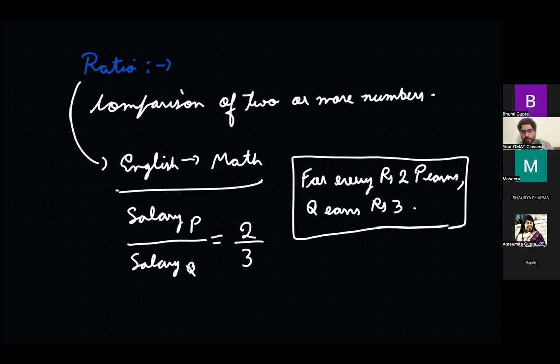That means if P earns 200, then Q will earn how much, class? If P earns 200, then Q will earn, sorry, not 500, 300. It's in the ratio of 2 is to 3, na? So for every 2 rupees that P earns, Q will earn rupees 3.